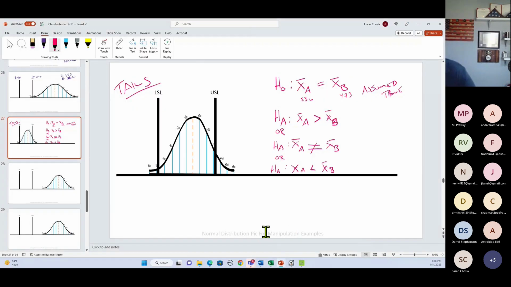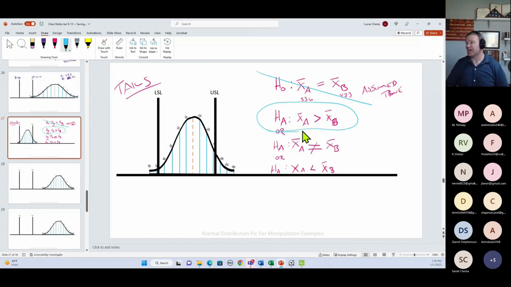If I reject the null, I'm saying there is evidence that team A has a higher average than team B. It is statistically significant if I reject the null.